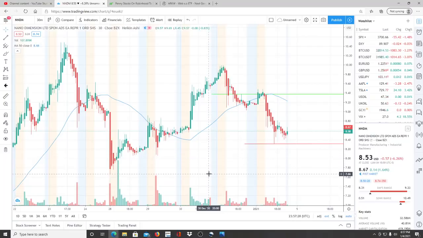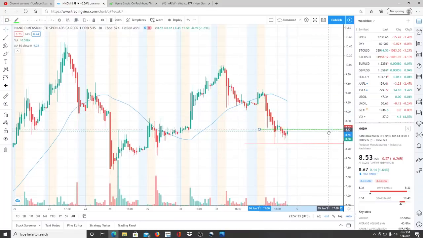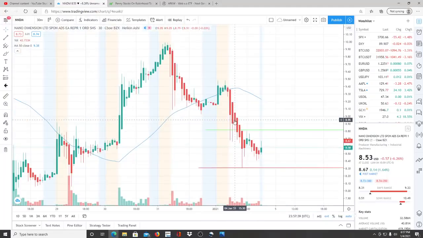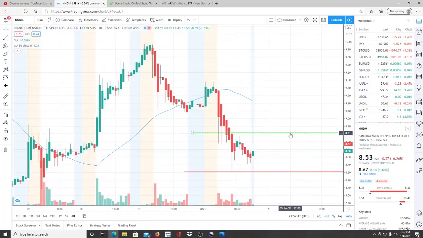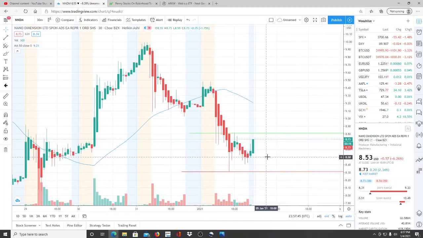And then the next point would be down at the $7.66 range, right? Those were the lows that we've seen before it continued to run. And those are some important points moving forward in the downward direction. We want to see our new resistance and support as well as our 50-day moving average.